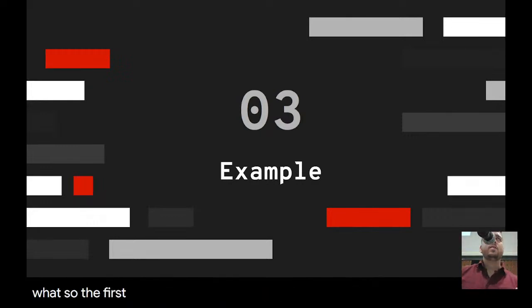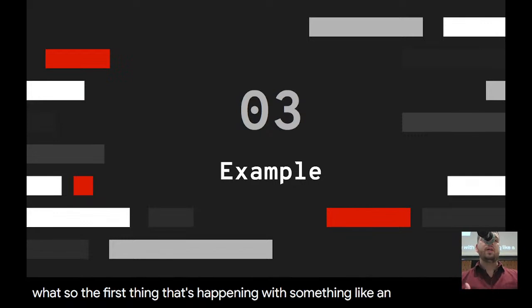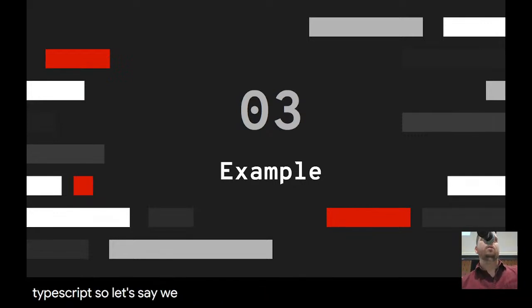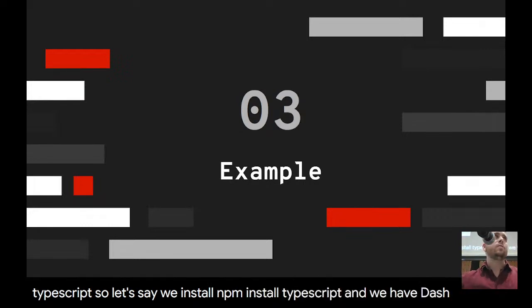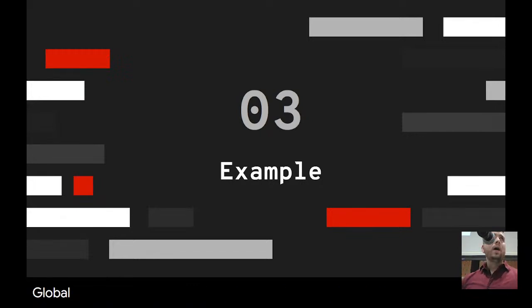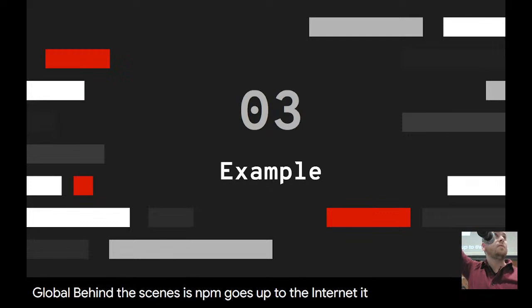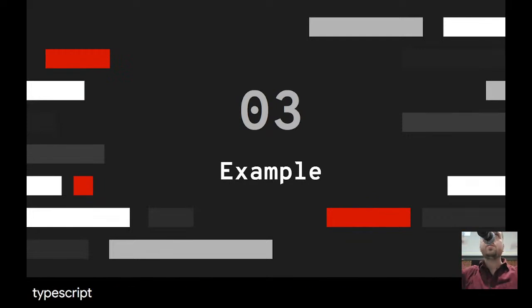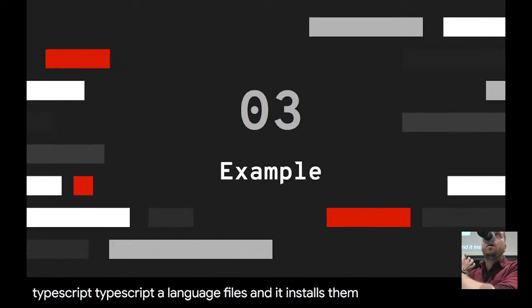The first thing that's happening with something like an installation of TypeScript, so let's say we run npm install typescript with -g for global. What happens behind the scenes is npm goes up to the internet, grabs the files for TypeScript, the TypeScript language files, and installs them on our computer.